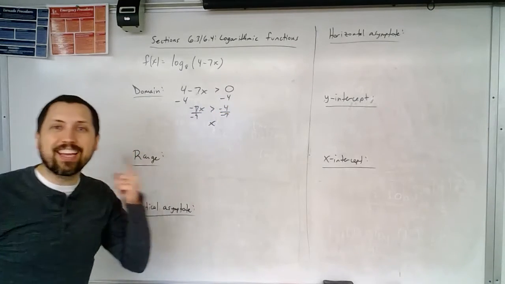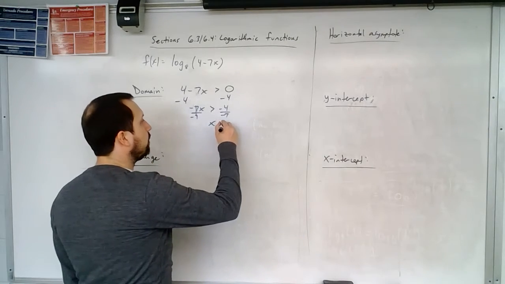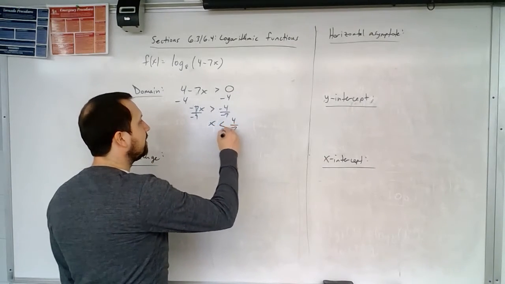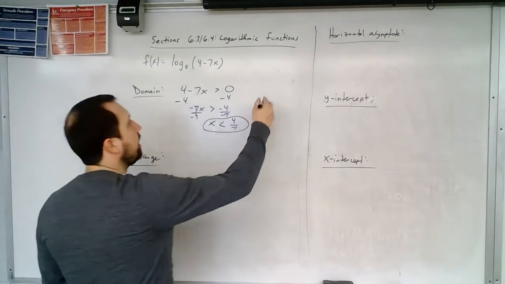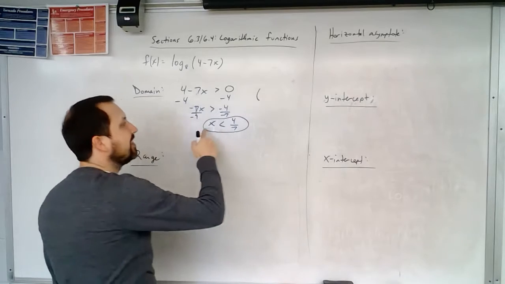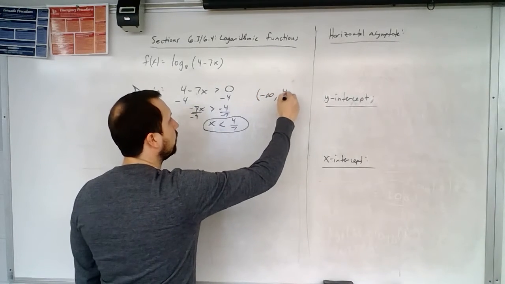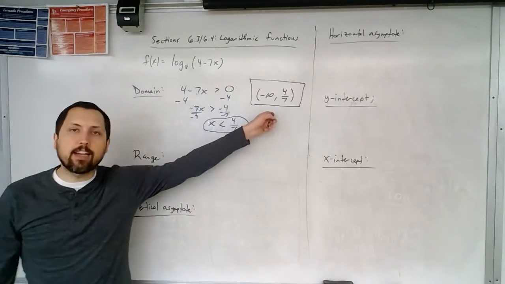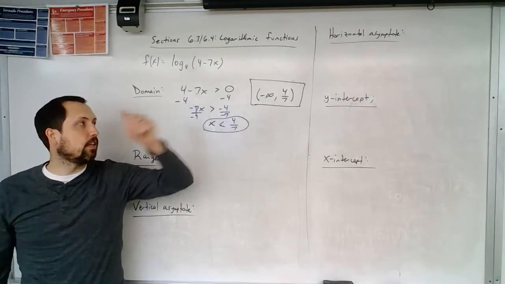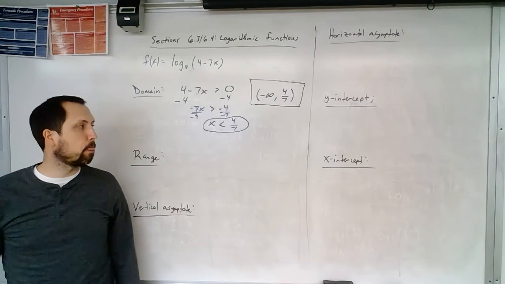Remember, when you divide by a negative, you switch the inequality, so x is going to be less than 4/7. So my domain then, in interval notation, if I'm less than 4/7, I'm negative infinity to 4/7. So that is the domain of my function, all real numbers less than 4/7.